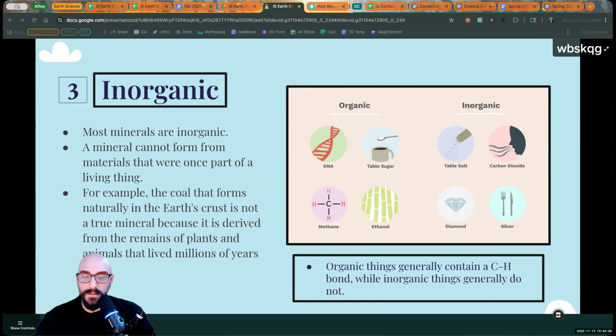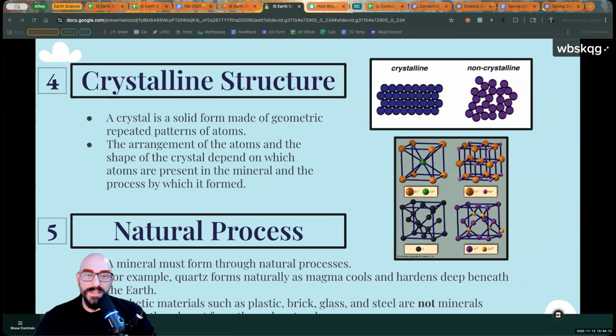We'll talk about that in a little bit. It has a crystalline structure. So those atoms are in rigid, fixed positions. You can see some examples of that here on the right. Those atoms are not moving around relative to each other. You could have a chunk of the crystal move around, right? Or not. And again, it happens naturally.